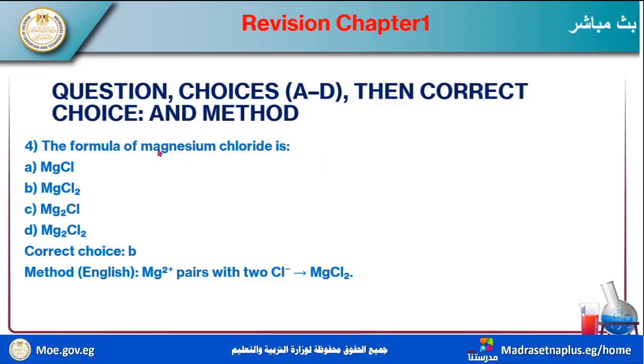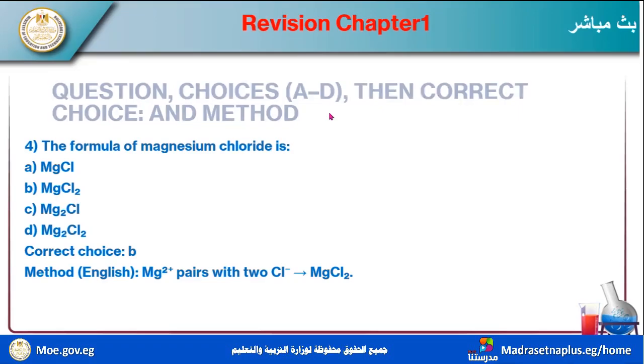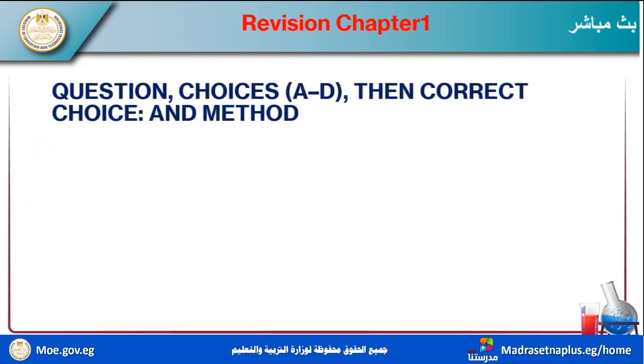You must know the symbol of magnesium and the valency of magnesium, the symbol of chloride and the valency of chloride. The choices here show MgCl2. This is B. B is the correct answer because the symbols here are correct.